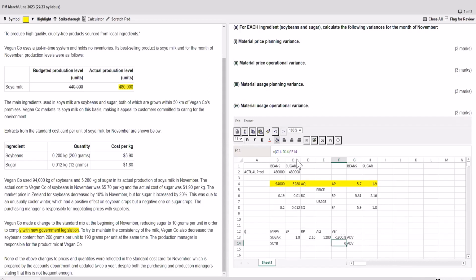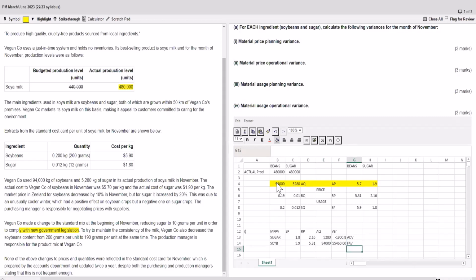You then just slot in the figures that you need. So you can reference in the 590, you can reference in the 531, and you can reference in the actual quantity. And that comes out as a favourable variance.